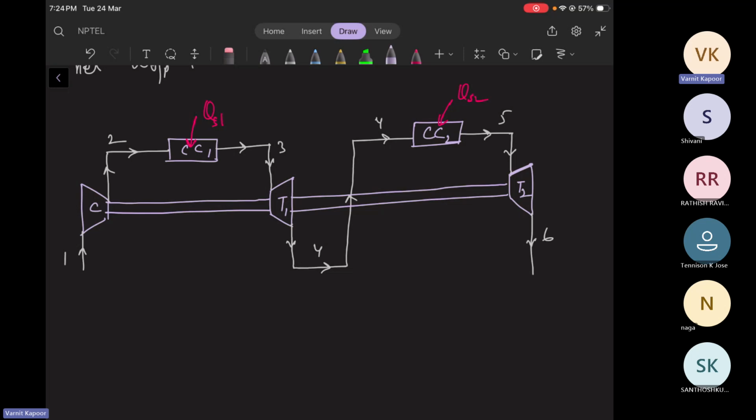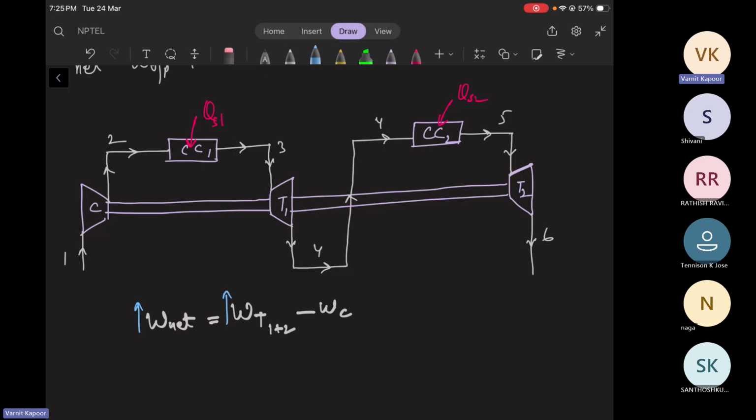All right. So the net work is basically work done by turbine 1 plus 2 minus work done by compressor. So turbine work has increased, so net work output has also increased because you are expanding 2 times. You are getting 2 times the work output.